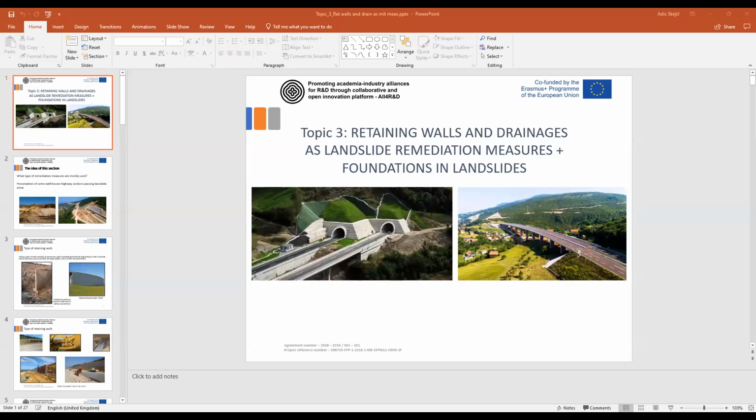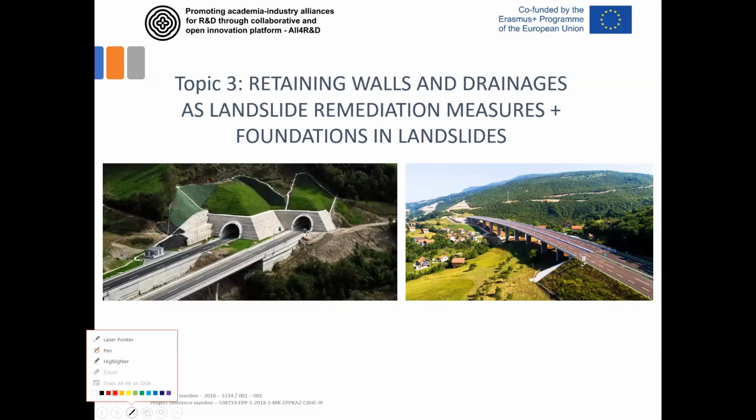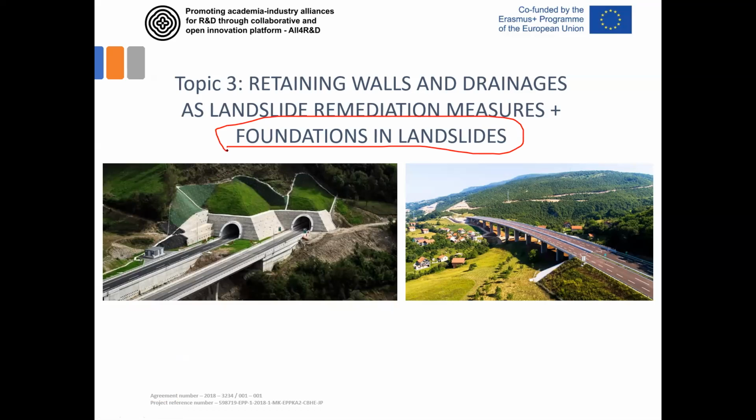next presentation. It's topic 4, and it's about retaining walls and drainages as landslide mitigation measures, plus the discussion about foundations that need to be done in the landslide area.